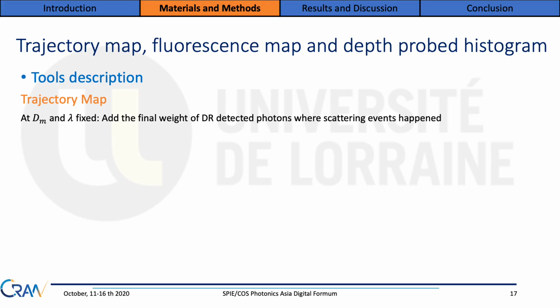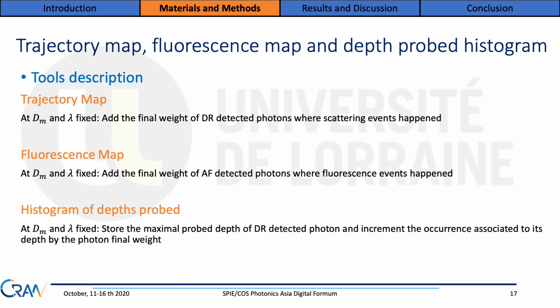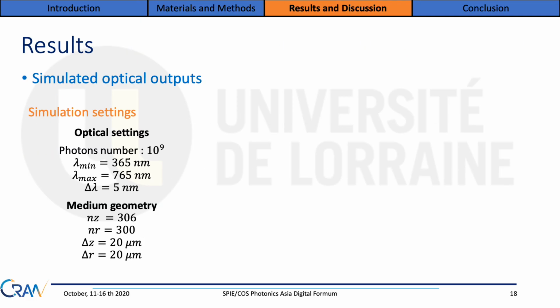It's the case of the trajectory map that, at a given wavelength and at a given source sensor distance, adds the final weight of detected photons where scattering events happened. For the fluorescence map, it's only the fluorescence event that is localized. Finally, more quantitative information is obtained thanks to the histogram of probe depth.